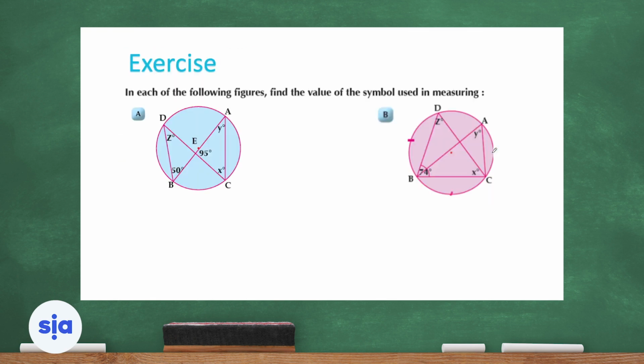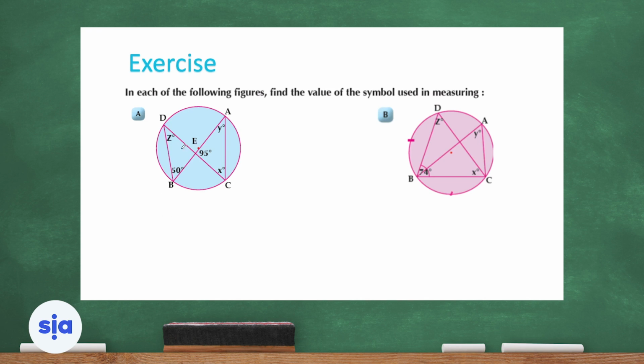Let's check a quick exercise. How can we find x, y, and z in the first circle, and how can we find x, y, and z in the second circle? In the first circle, as you can see here, angle C and angle B are subtended from the same arc.